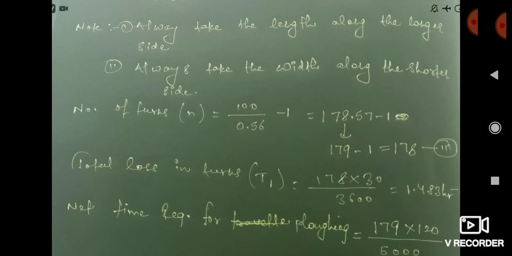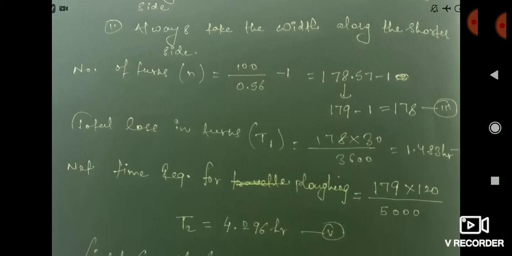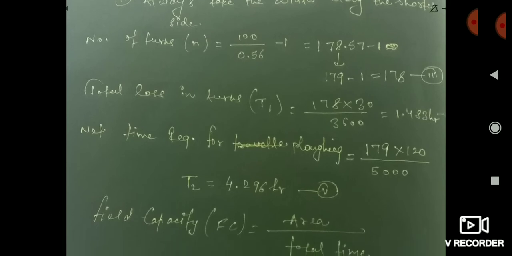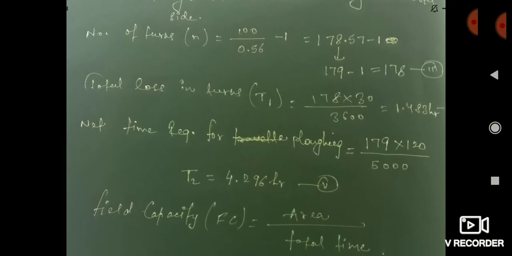That's why we consider the larger number, 179. 178.57 turns can't exist in real life, so we take 179 minus 1, that is 178. Total number of turns is 178.